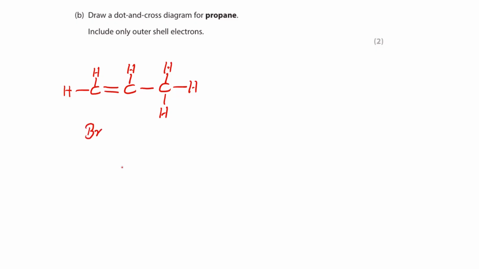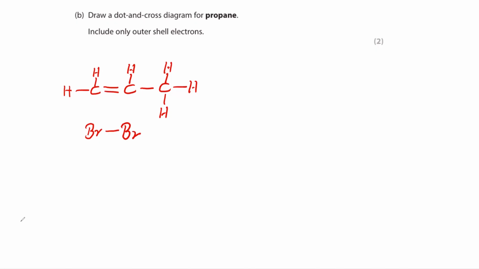The bromine is a molecule, and they will break the bond between them. Then this double bond also breaks. So one carbon attaches to one bromine, and the other carbon attaches to the next bromine. That's what simply happens.